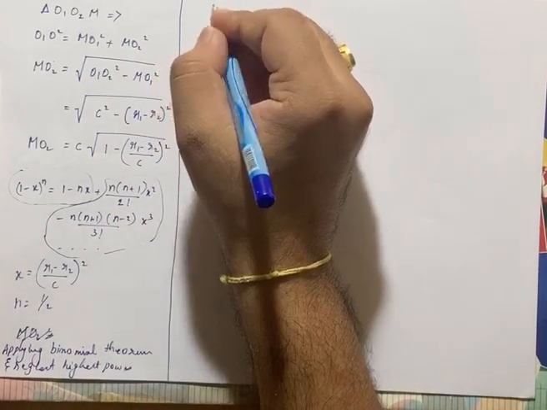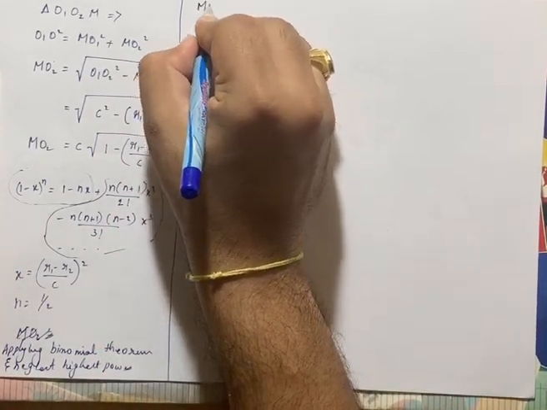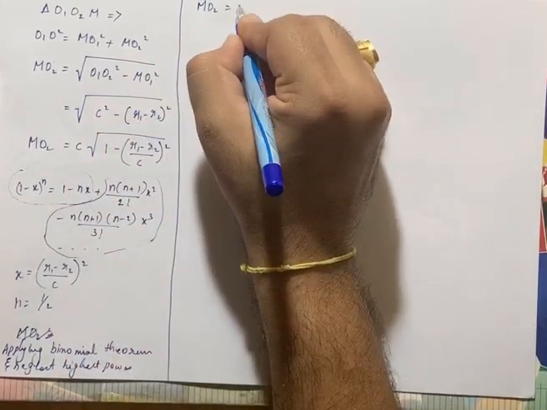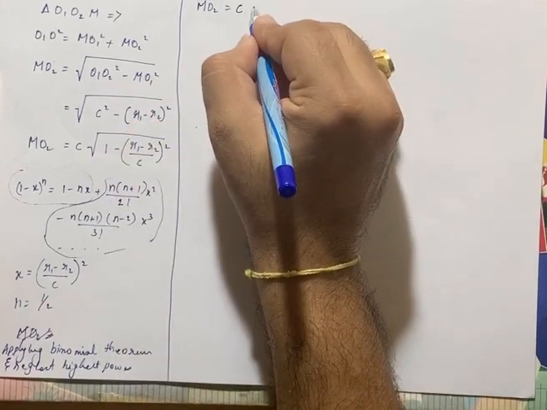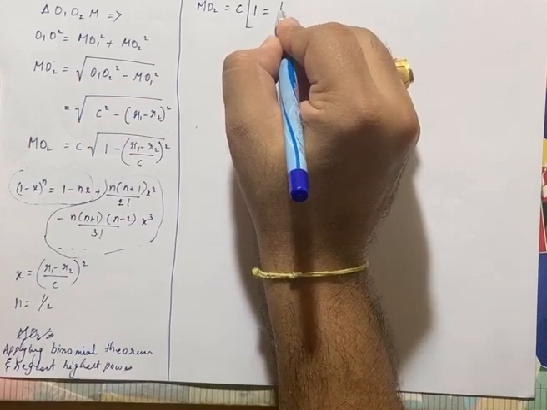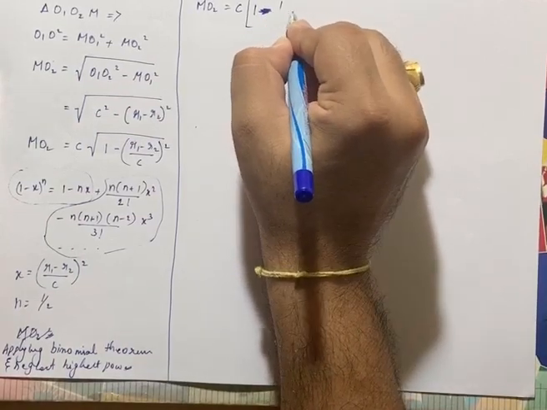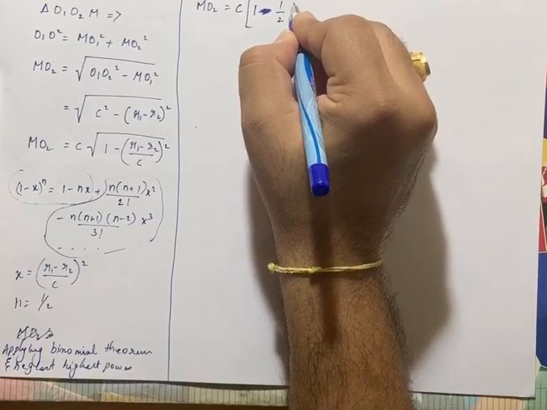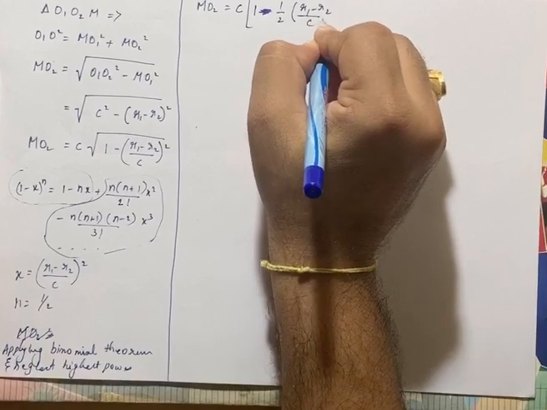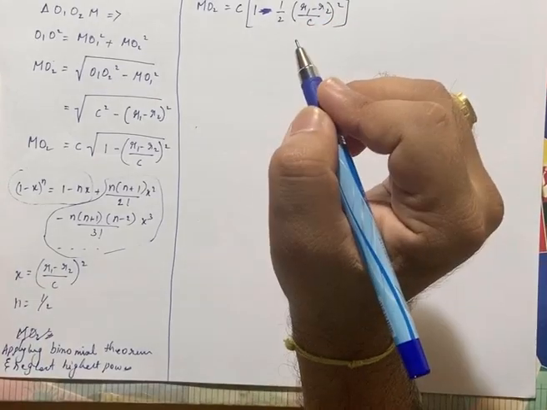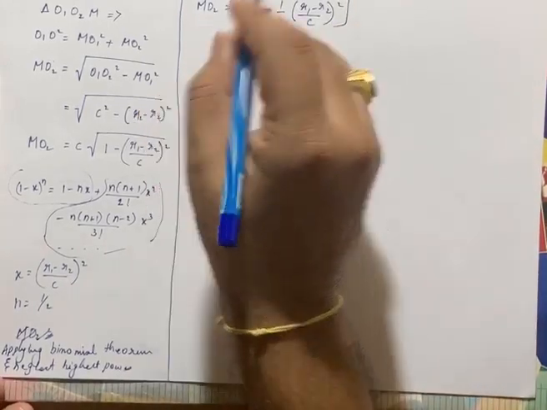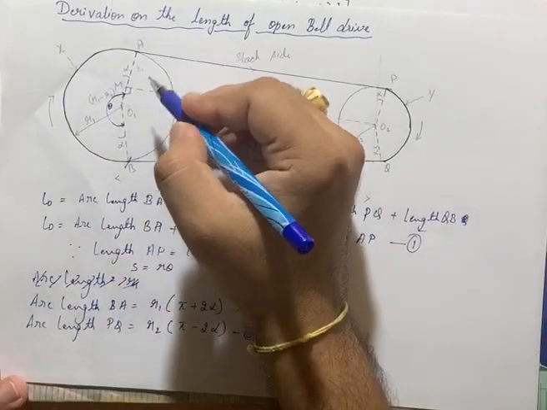So I will write MO2 is equal to C into 1 minus n x, that is 1 minus half into ((R1 minus R2) by C) the whole square here.